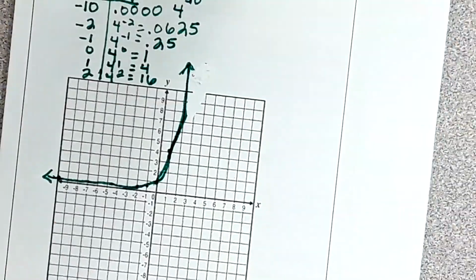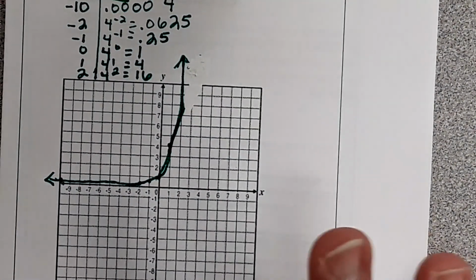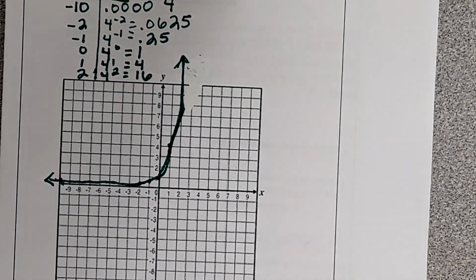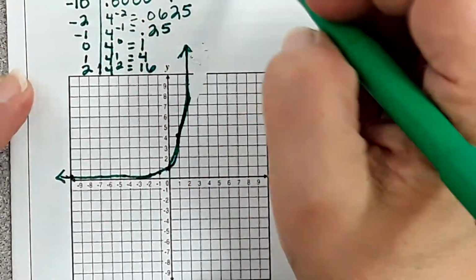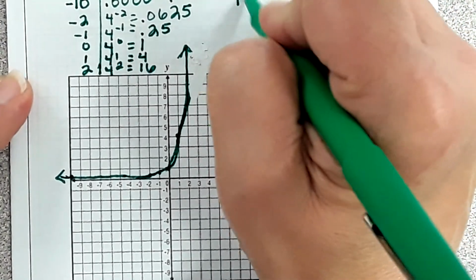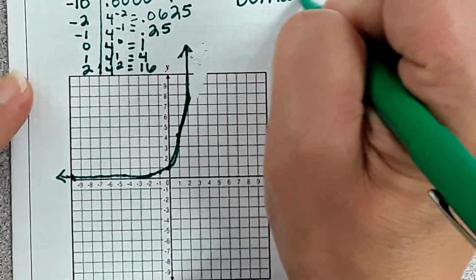So now there are 3 things that we have to talk about. Tonight when you go to start your homework, there are 3 things you have to do: graph it, domain, range. You probably need to talk about your asymptote, okay? So, domain. What did I tell you about your domain?